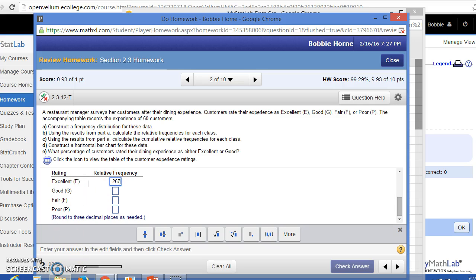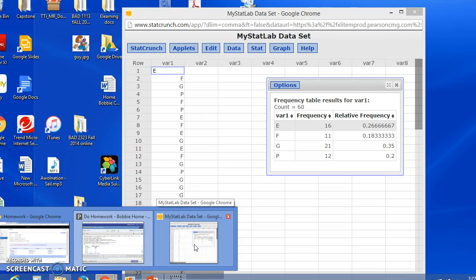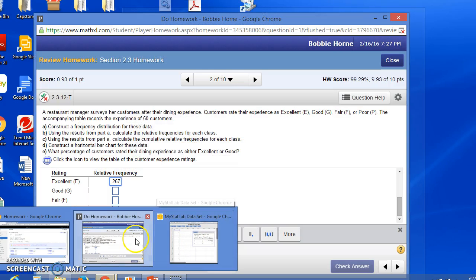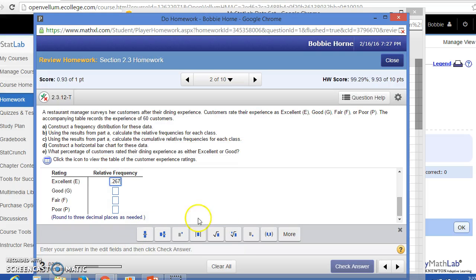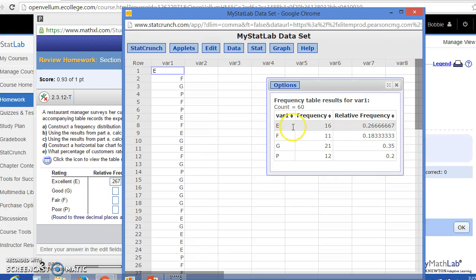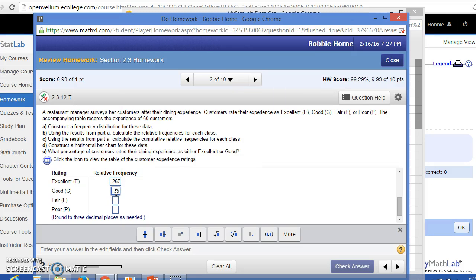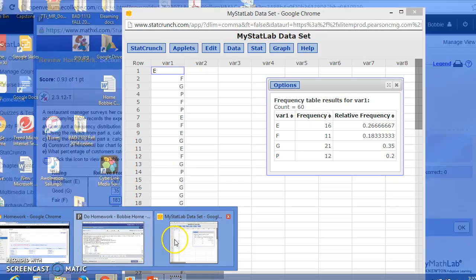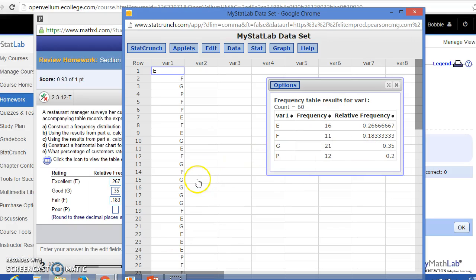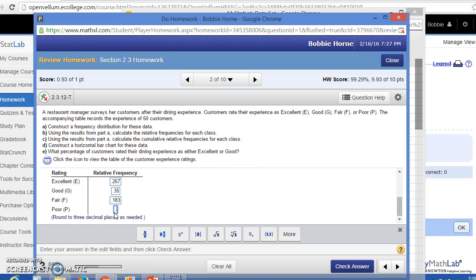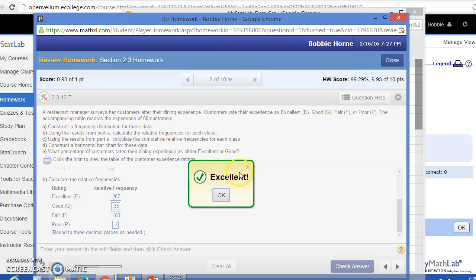Now we need to look at good, which is 0.35, and then fair is 0.183. So 0.35, 0.183, and then poor is 0.2. And let's check it, make sure I put those in correctly.